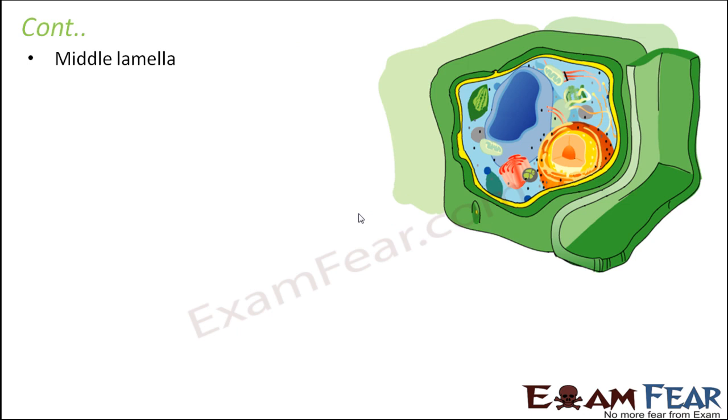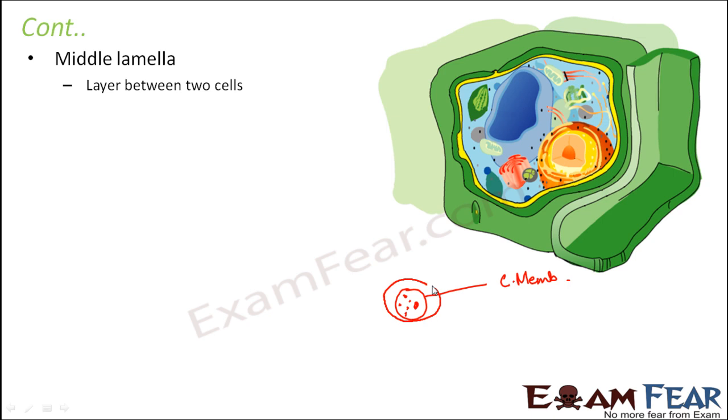Now, there is another additional layer which is again a part of the cell wall, present even outside the primary cell wall, and that is known as the middle lamella. Why is it named middle lamella? We'll see that. It is basically a layer between two cells. As I was explaining in the previous slide, if this is your cell, this is your cell membrane.